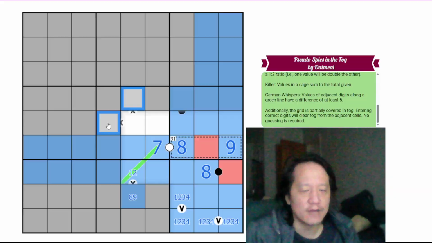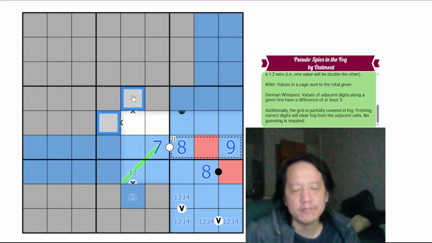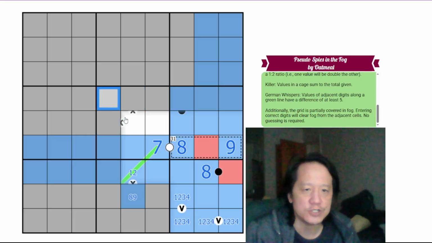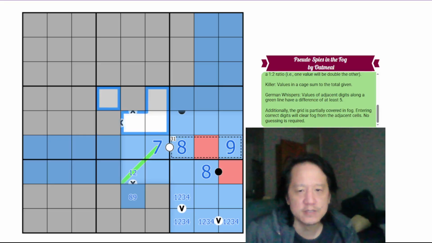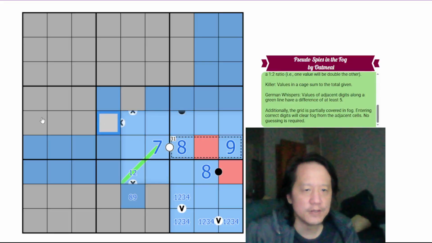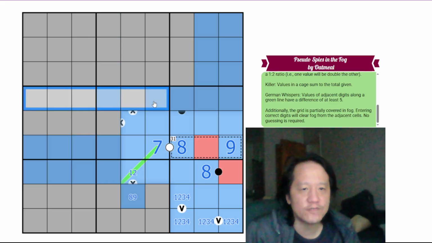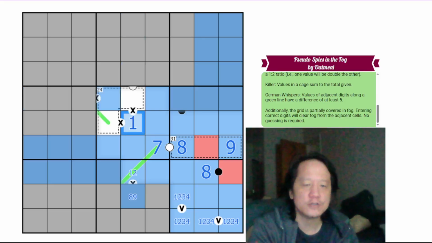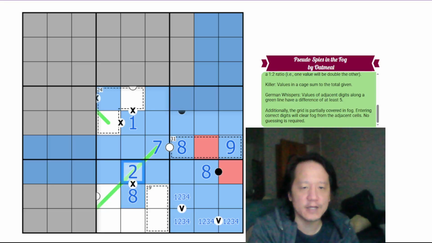If we try to have both digits in the same box, we'd have a repeat in the box, so that's not allowed. So one of these two must be the pseudo digit, and it cannot be these, therefore. So one of these is the pseudo digit. This is 5 plus 4, which is 9. This is 4 plus 5, which is 9. So therefore, this must be a 1 here. So this is 1, this is 2, and 8.